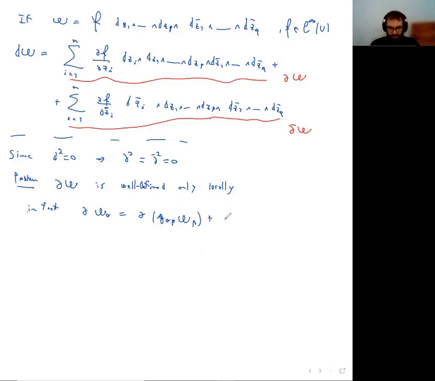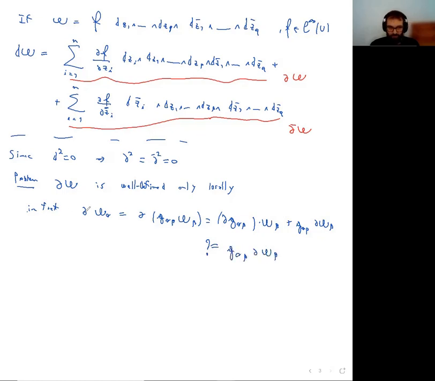But then this becomes, by the usual rules, del g alpha beta times omega beta plus g alpha beta del omega beta. In principle, we would love this to be equal to g alpha beta del omega beta.